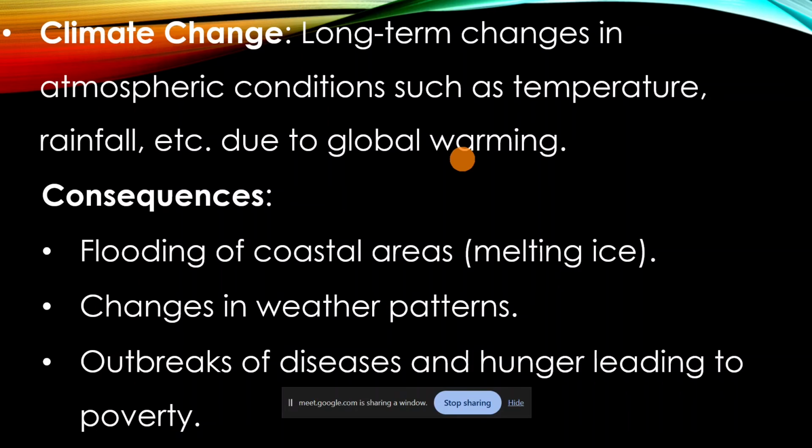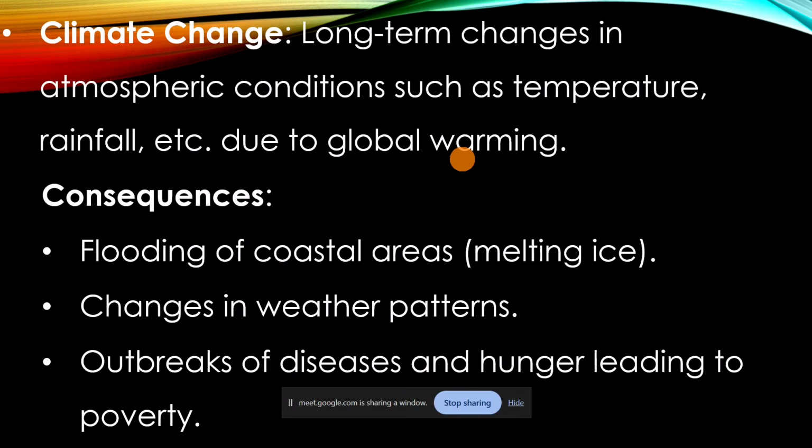Maybe we can say the world is already undergoing climate change. Maybe in Zambia we are already experiencing climate change. How? If we measure the amount of rain that Zambia used to receive 10 years ago and what it is receiving now, if we discover that it is receiving less than it used to, then we can say there's a change in the amount of rains that we used to receive.